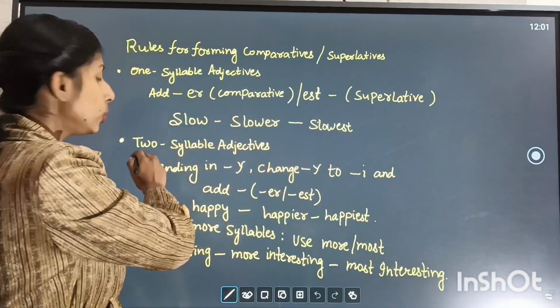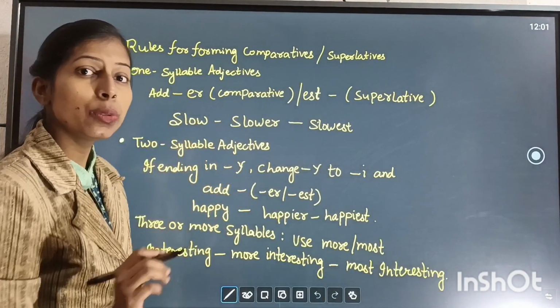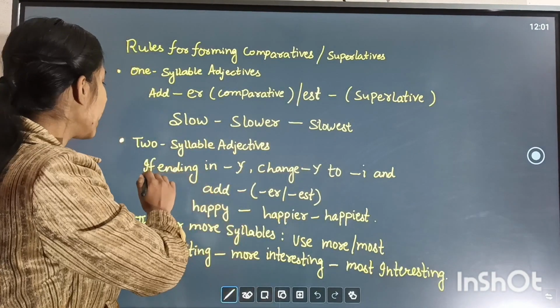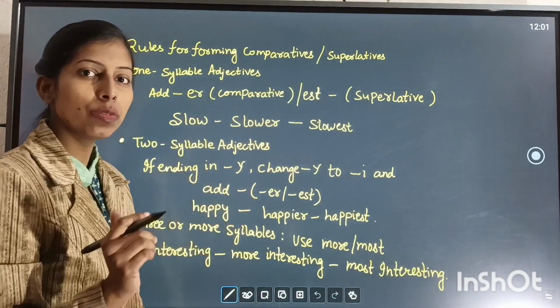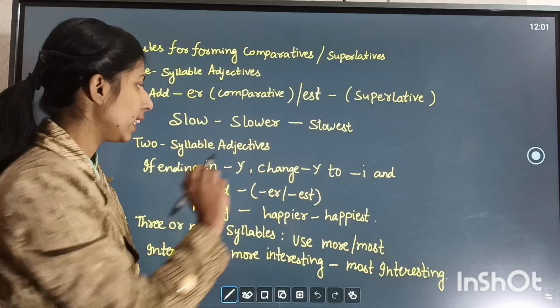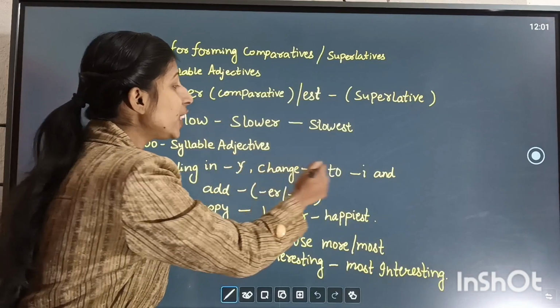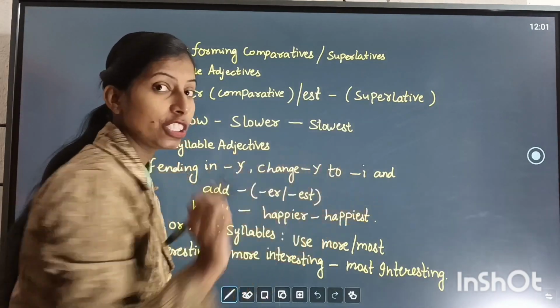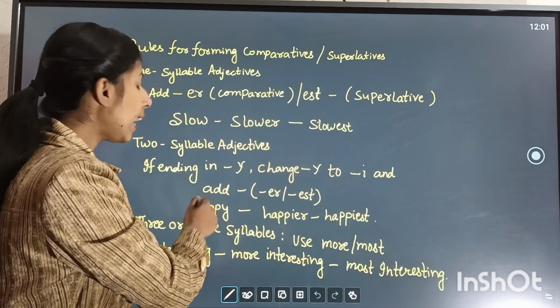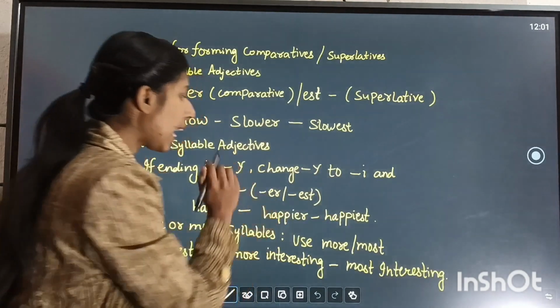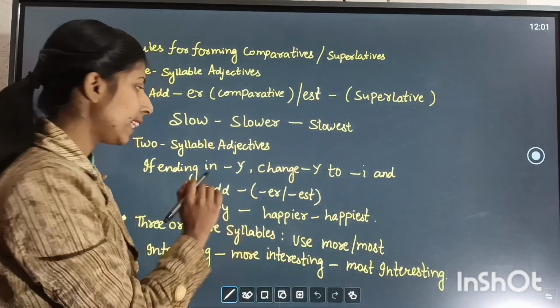Okay, two-syllable adjectives. When the words end with y, the y changes into i, and we add er and est.